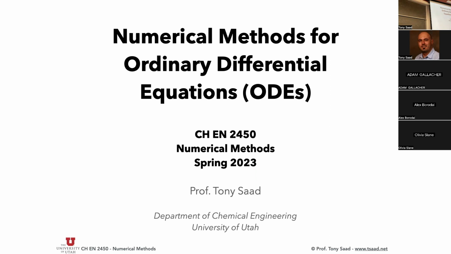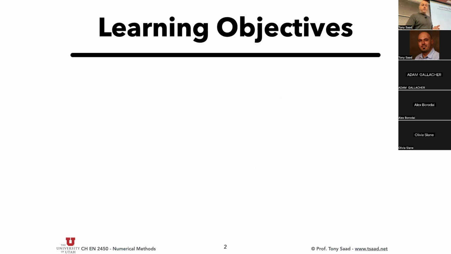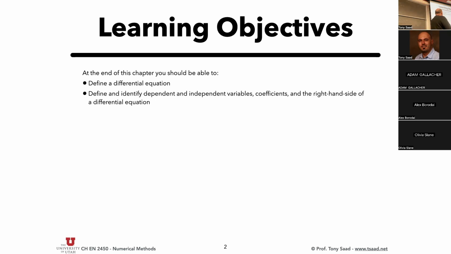Okay. The learning objectives for this unit are: first, you're going to learn how to define a differential equation, whether ordinary or partial or extraordinary. We'll learn why we call it ordinary and why we call the other one partial.